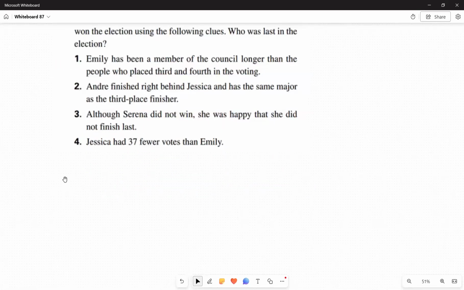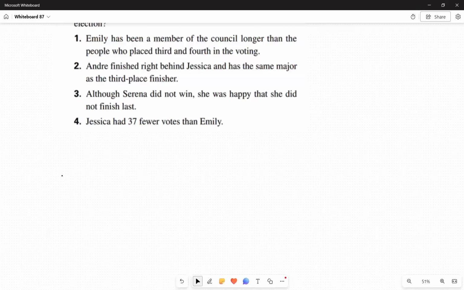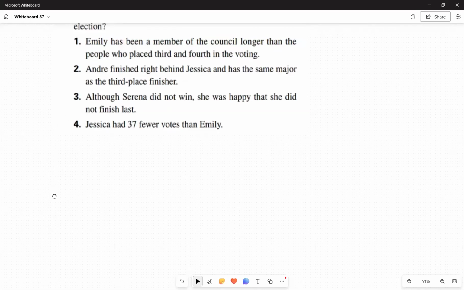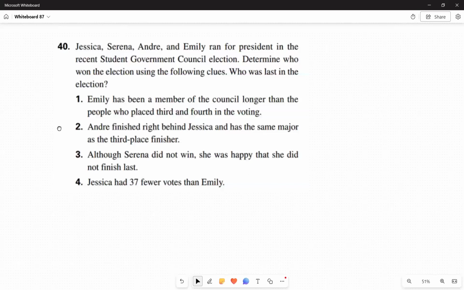So we have 4 students. And they are in the order they gave it to us. That was Jessica, Serena, Andre, and Emily.